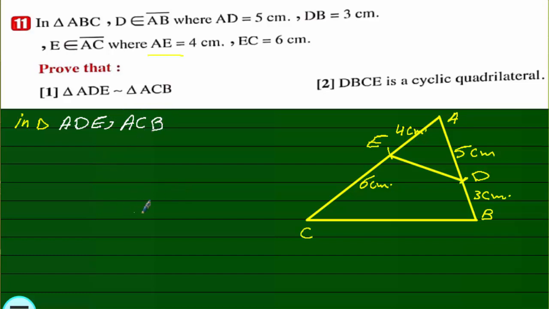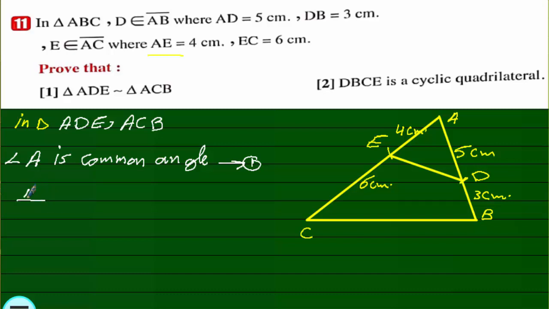we have angle A is common angle, one here, and we make the proportion.